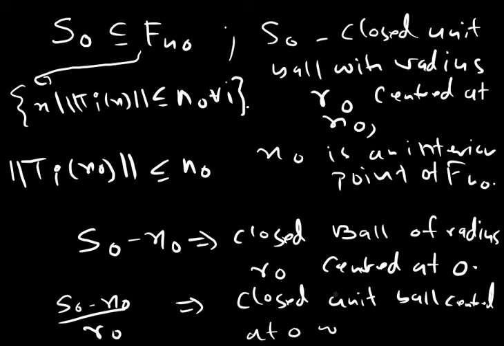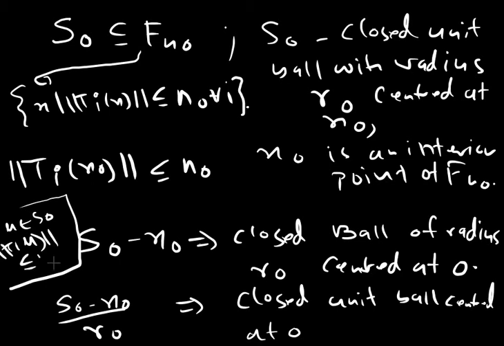Now what can we say about S naught minus x naught? Suppose u belongs to S naught. The norm of T of u is also bounded by N naught. So apply the triangle inequality.